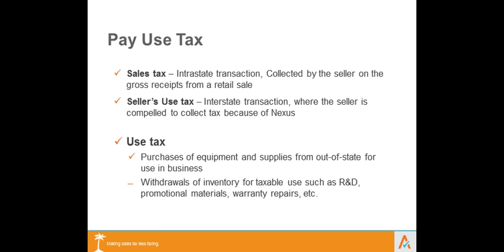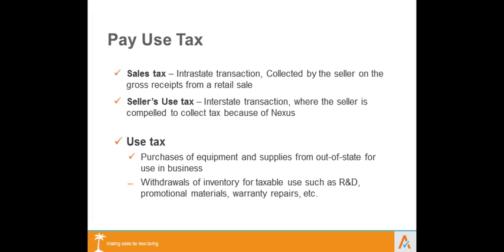A seller's use tax is an interstate transaction where the seller is actually compelled to collect the tax because they have nexus. I have a Washington business, and I'm selling bicycles. My customer's in Colorado. Because I've attended a trade show there, I've been compelled to register to collect taxes. I would be required to collect the use tax on behalf of the customer as a seller. The difference, and the one that companies are most confused on, is consumer's use tax.